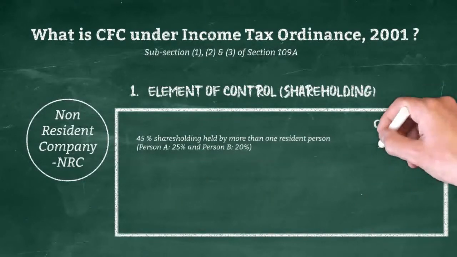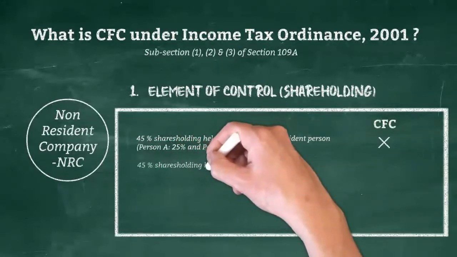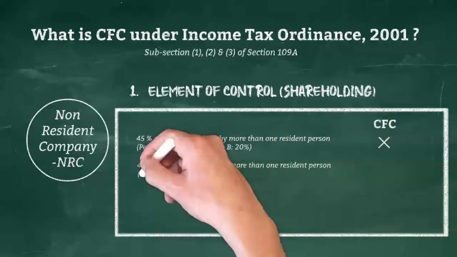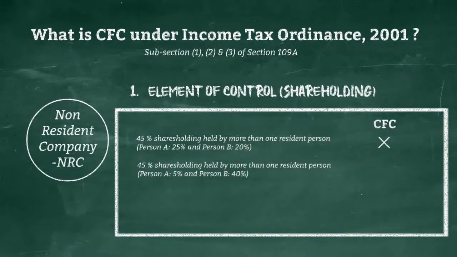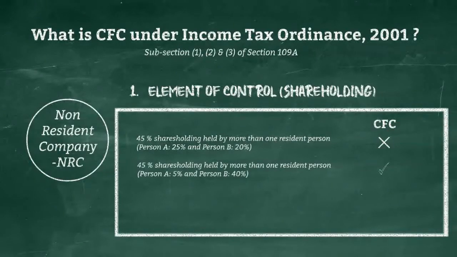In this similar example, if A held 5% and B held 40% shares, then it will constitute a CFC. Since B holds 40%, it squarely falls under the lexicon and hence a CFC.